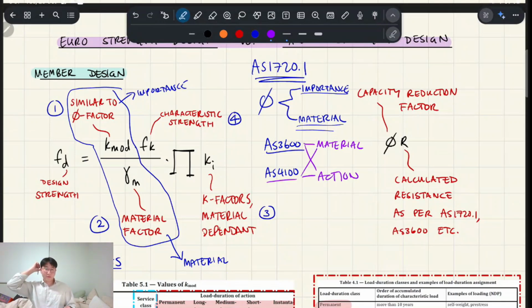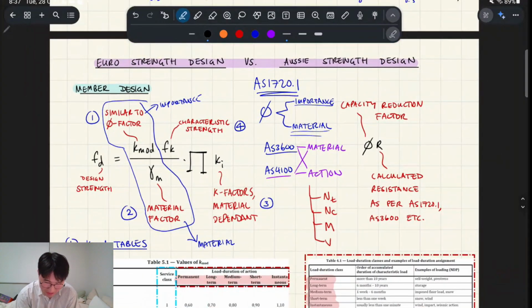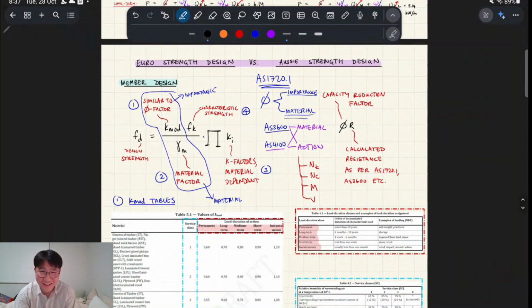So when I say action, I'm talking about tension, compression, bending, shear. It's about what type of action is being experienced, and that changes what the phi factor is, right? Yeah, anyway, I'll shut up now. So hopefully that makes sense. So that just captures the difference between how it works.